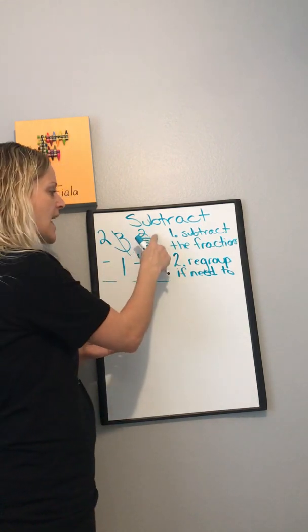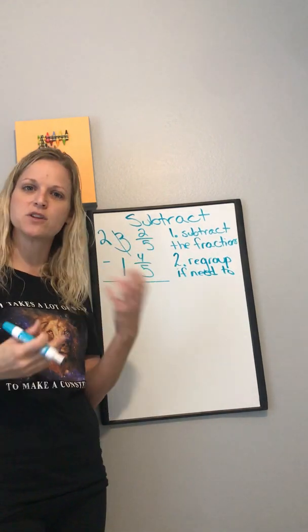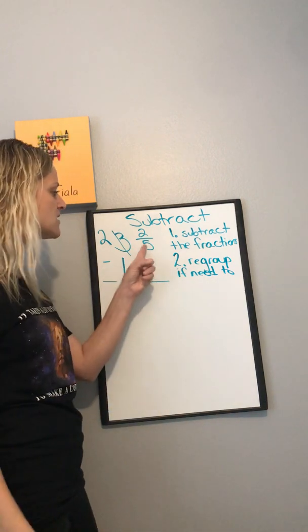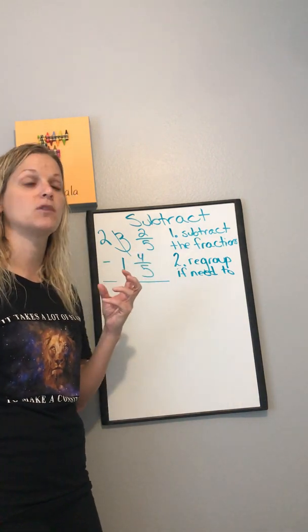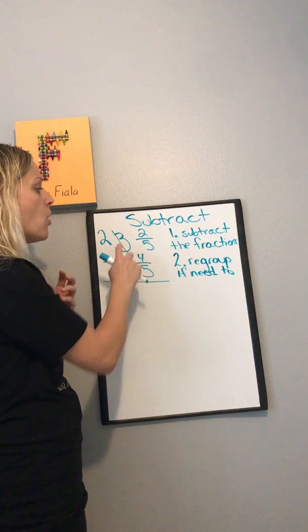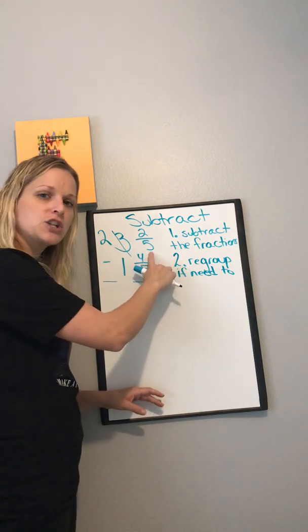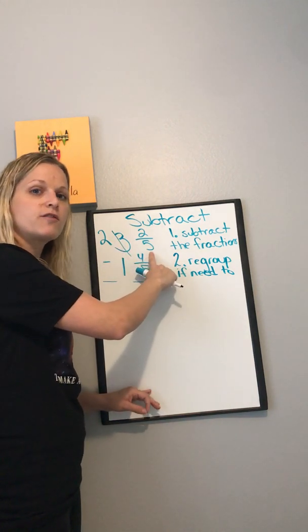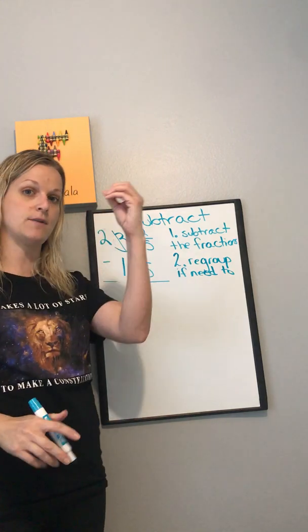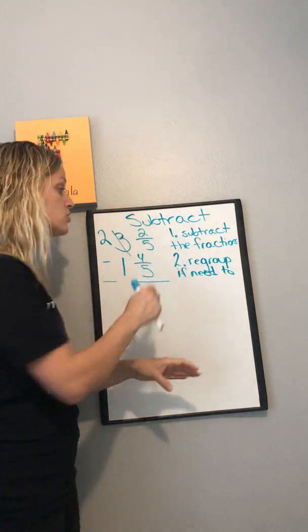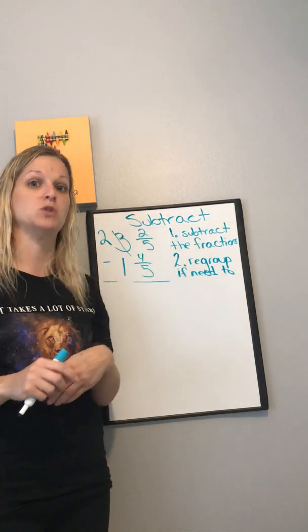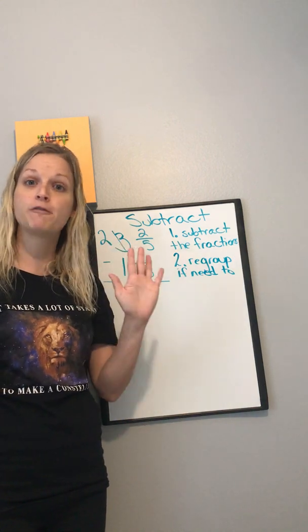So some of you want to add 10 to this because that's how we do regular subtraction. But this is different because we're talking about a fraction here, okay? So I took 1 whole away. If I look at this fraction, what is a whole for this fraction? Remember, a whole is when the top number and the bottom number are the same. So my denominator here is 5, which means my numerator would have to be 5.